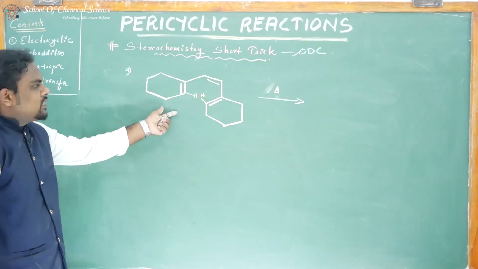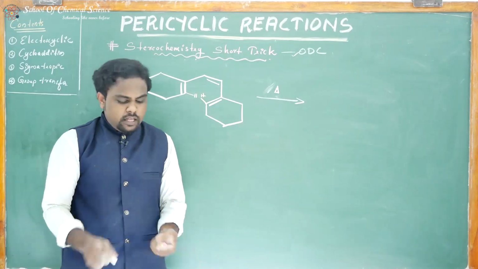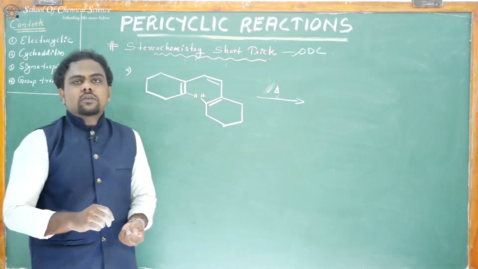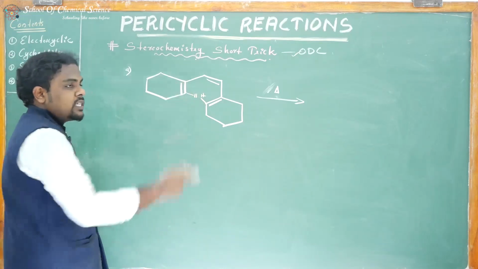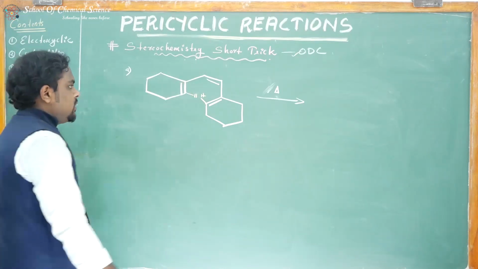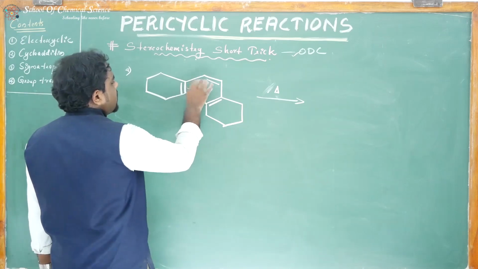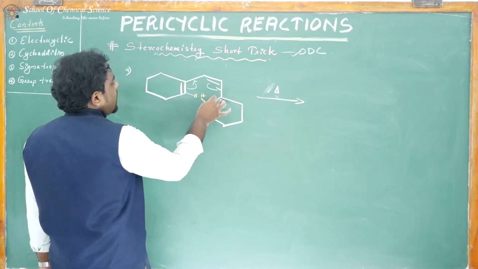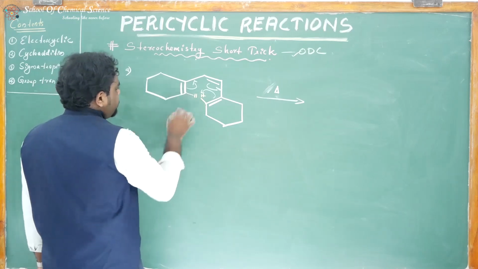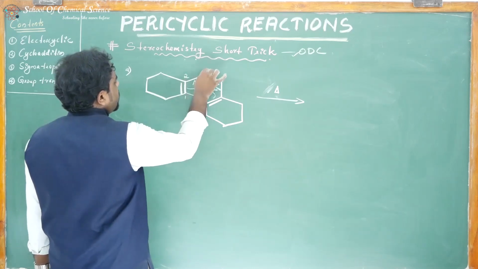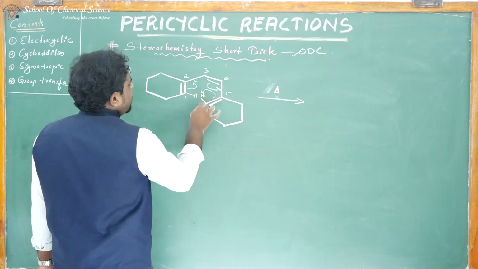Whenever you get a question like this in your question paper with thermal condition, what type of reaction will this compound show? Electrocyclic reaction, because this is a conjugated polyene. This pi electron shifted towards here, this towards here. This pi electron makes a sigma bond between these two carbons. 1, 2, 3, 4, 5, 6.